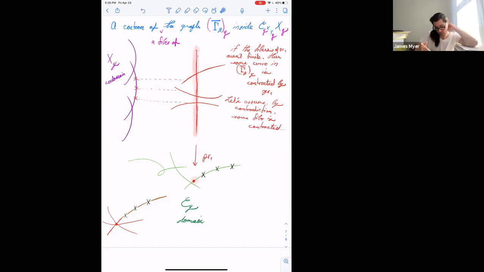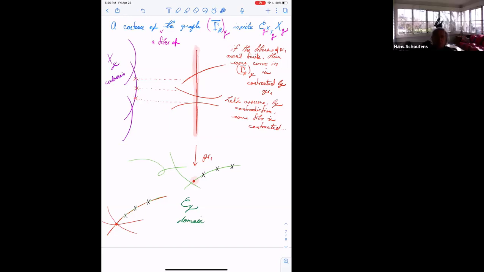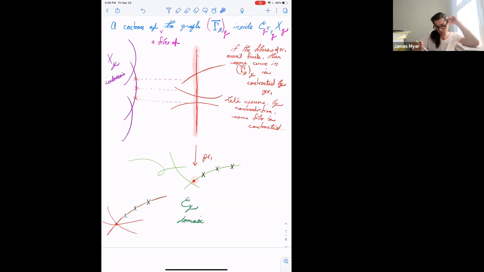Okay, so under this map P1, do the marked points map automatically to marked points just by logic? Not necessarily, no. These marked points on the left don't have to map to these marked points necessarily.